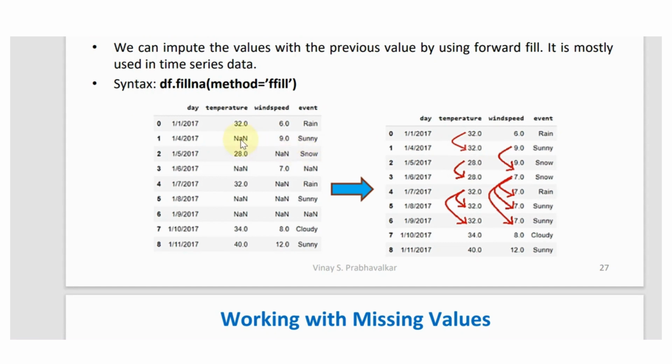Now, for example, in this missing value, previous value means: a none value is present in column number 2, temperature row 1. Now replace it with the previous value 32, replacing the none value.